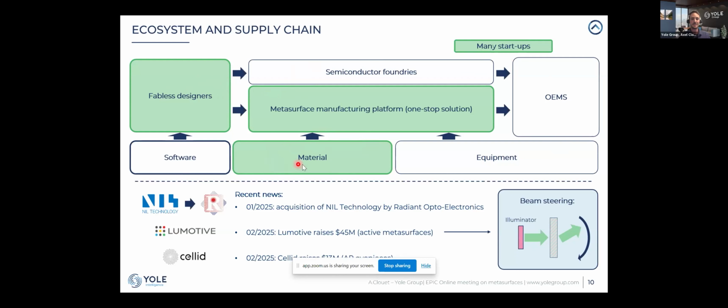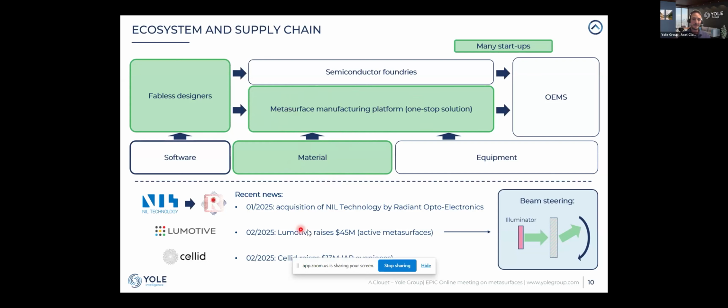There are a lot of challenges, especially around the nano imprint lithography, to find materials that can be easily imprinted with good properties. And a lot of startups also try to have a central position with a more vertical business model and position themselves as a manufacturing platform to provide a one-stop service to the industry. So this position is quite attractive at the moment.